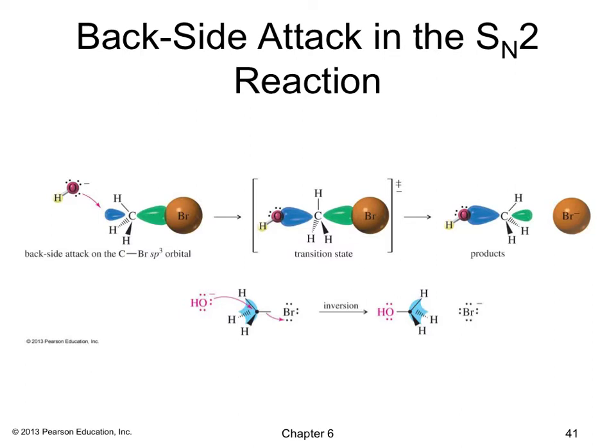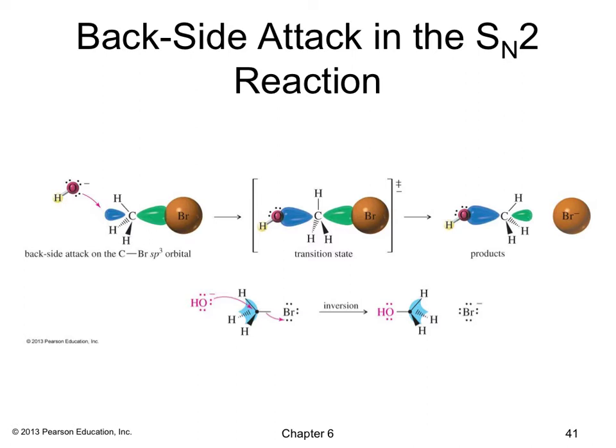Here's a molecular orbital diagram of how backside attack can occur in SN2. Here's the hydroxide. Here's that attack on the C-Br sp3 orbital. You're forming it. Here's a transition state. Again, double dagger, negative charge, and now you have this continuum shown here. And then the product.